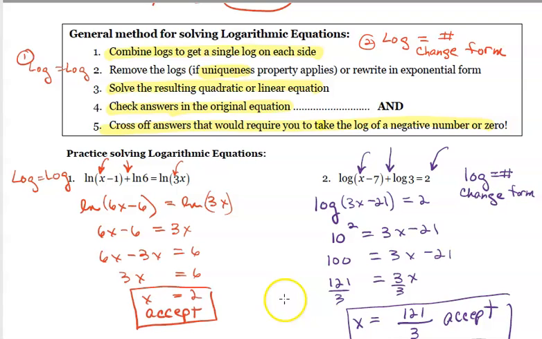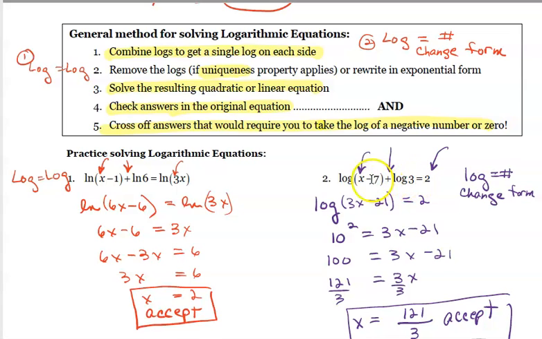Okay, my next example here is a situation where I have log plus log equals a number. Since it's log plus log equals a number, what I'm going to do is see if I can get this form to change once I undo the product property.